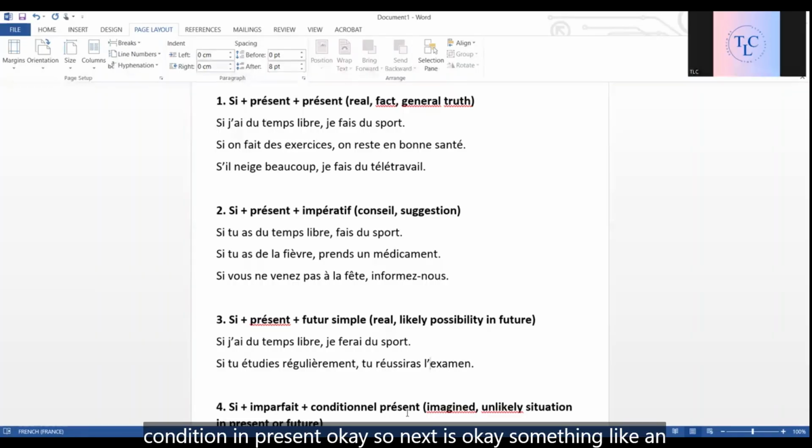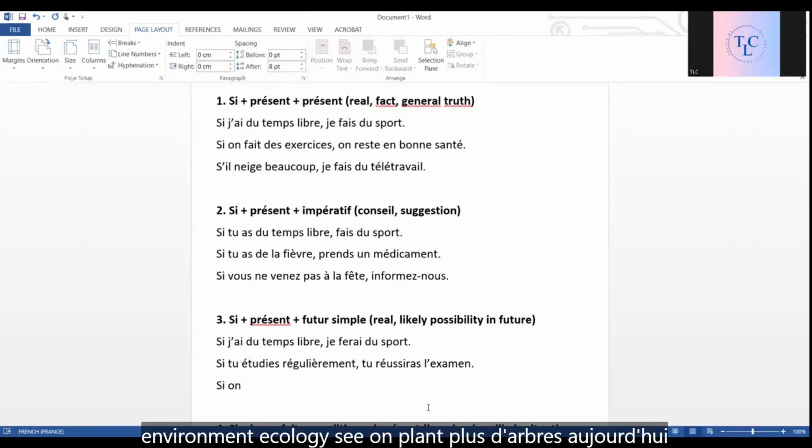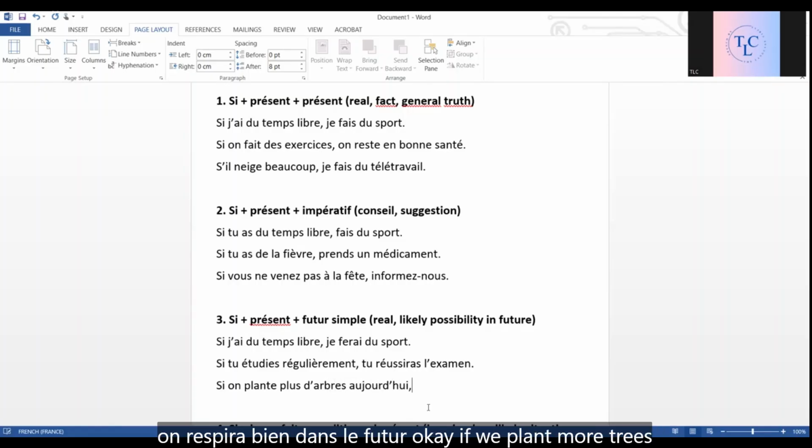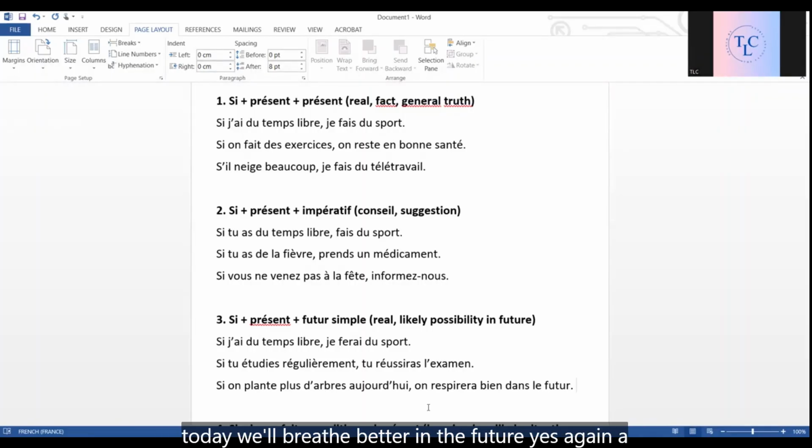Next, something on environment, ecology. Si on plante plus d'arbres aujourd'hui, on respirera bien dans le futur. If we plant more trees today, we'll breathe better in the future.